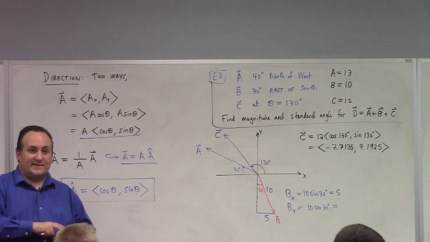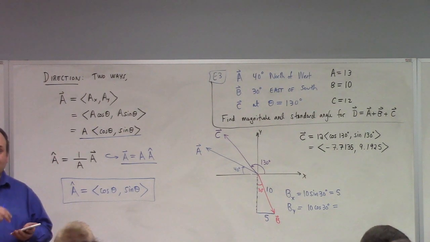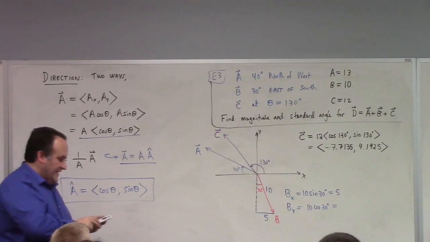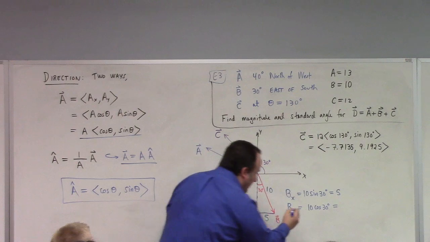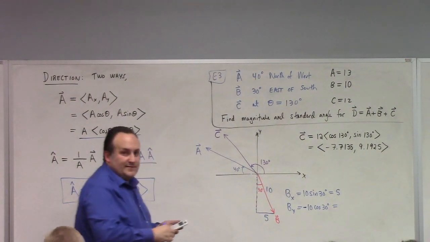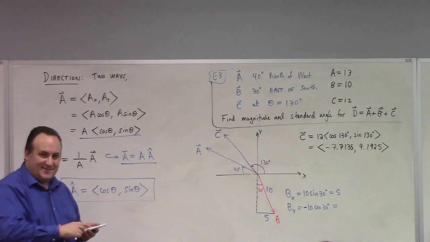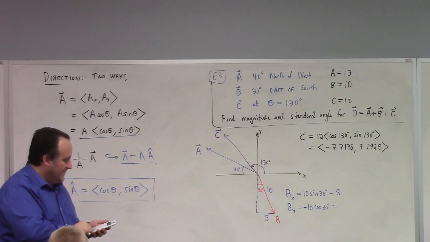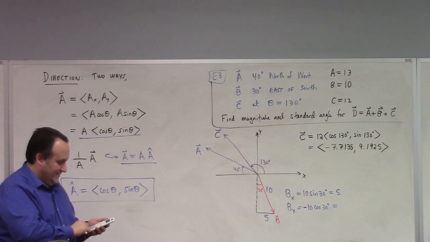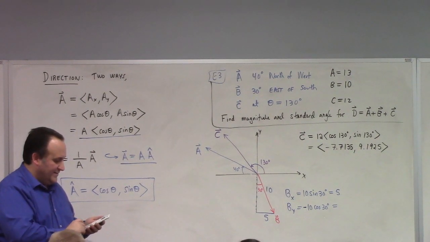Y is pointing down, it should have a negative y component for B, right? So exactly that. I'm missing a minus. The minus has to be put in by logic, right? Which you guys know. You guys can think. I know you can think.